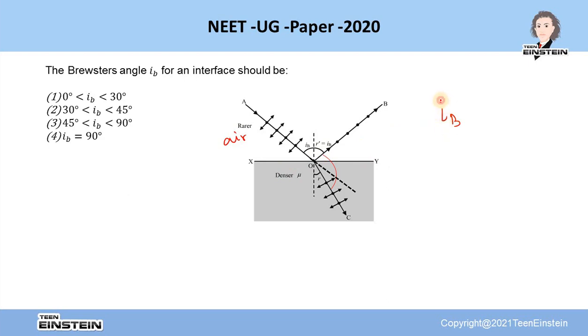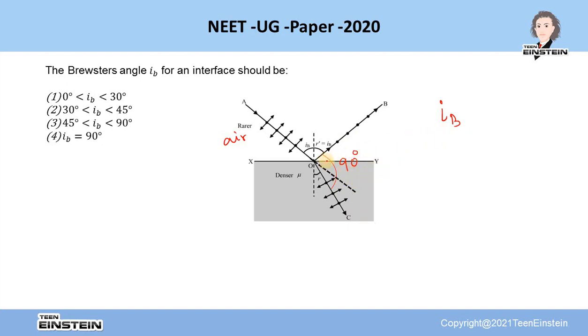Now if the angle of incidence is that particular angle of incidence when the light gets polarized, this reflected and refracted ray at this particular condition will be perpendicular to each other.